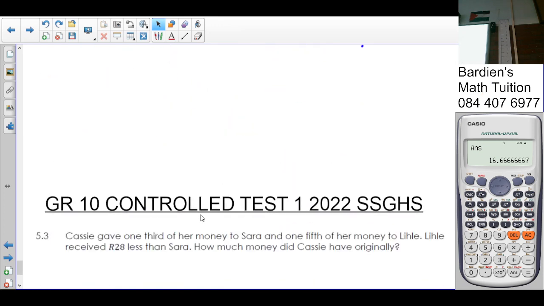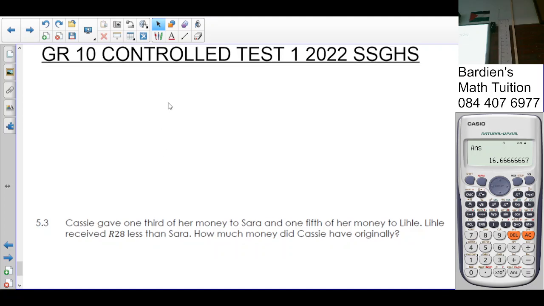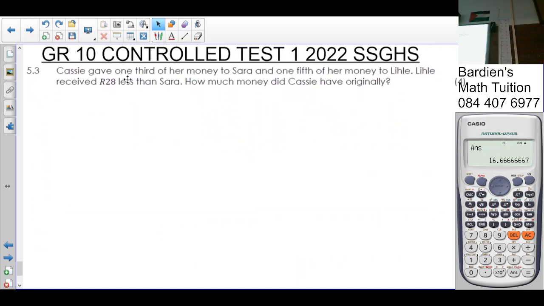The next question, 5.3, we are told Cassie gave 1/3 of her money to Sarah and 1/5 of her money to Leah.